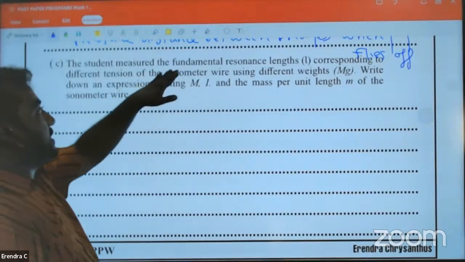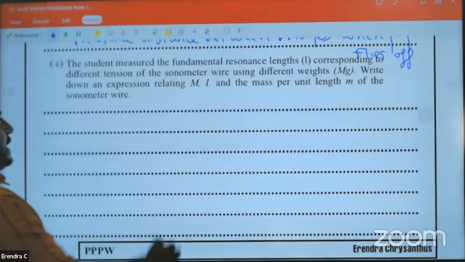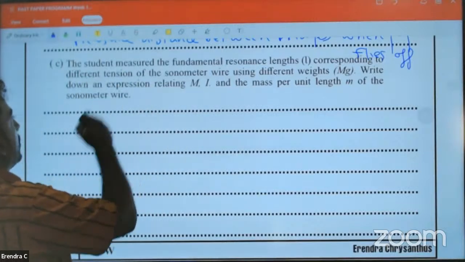A student measured the fundamental resonance length corresponding to different tensions of the sonometer wire using different weights. Write down an expression relating the mass per length of the sonometer wire.